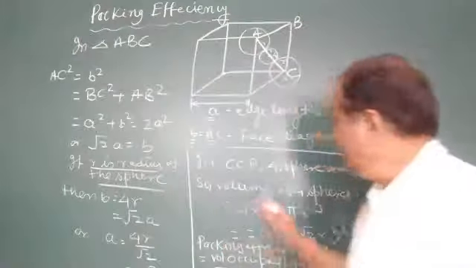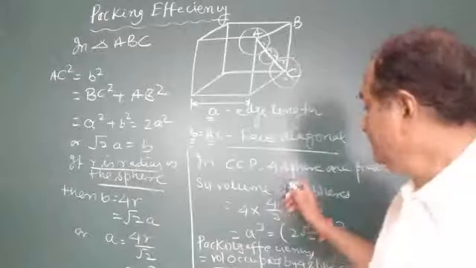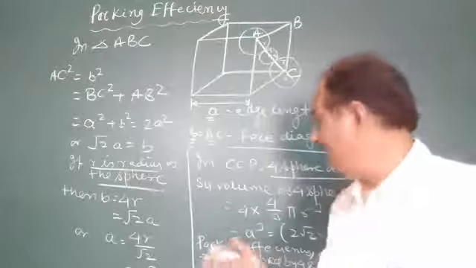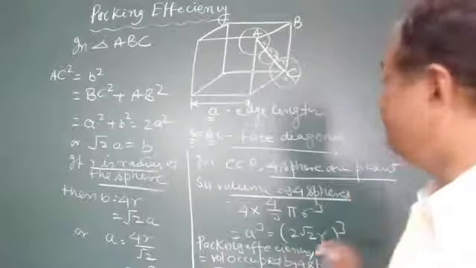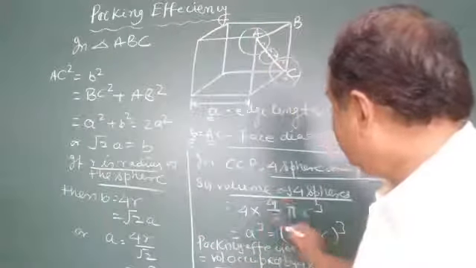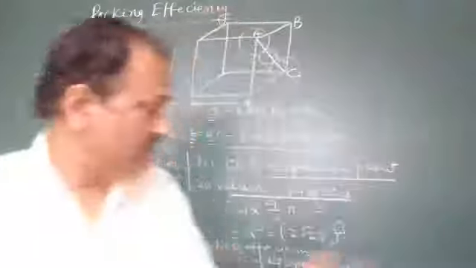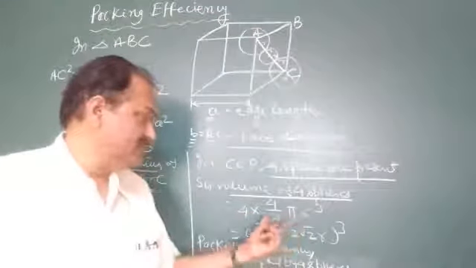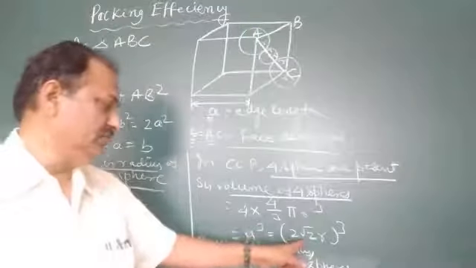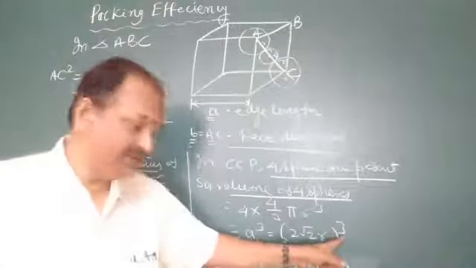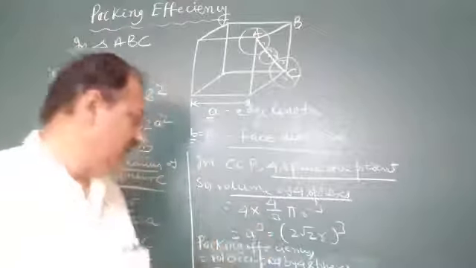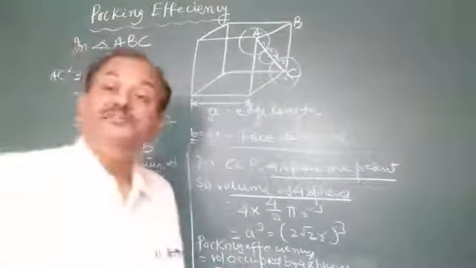Now, in CCP, cubic close packing, 4 spheres are present. So the volume of 4 spheres, because 4 spheres are present in CCP. So 4 into 4 by 3 pi r cube. The volume of any sphere is 4 by 3 pi r cube. And a cube is equal to (2 root 2 r) power 3. So packing efficiency, children, we can find out by the volume occupied by 4 spheres.